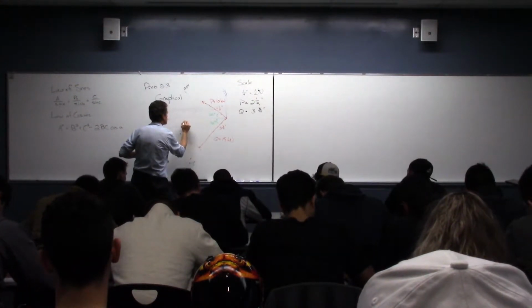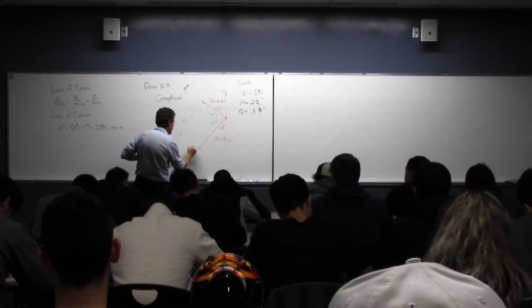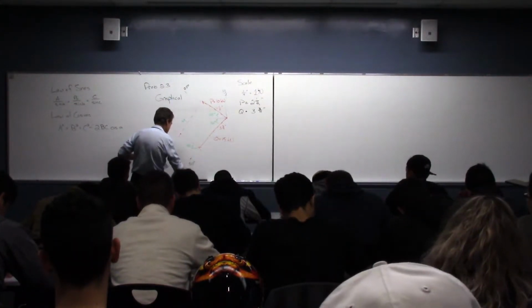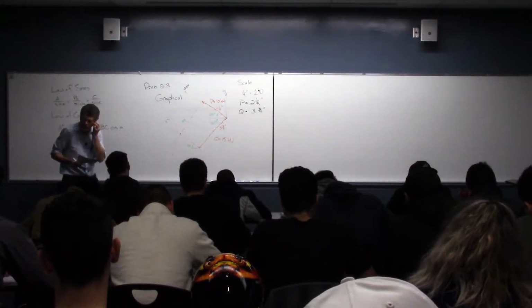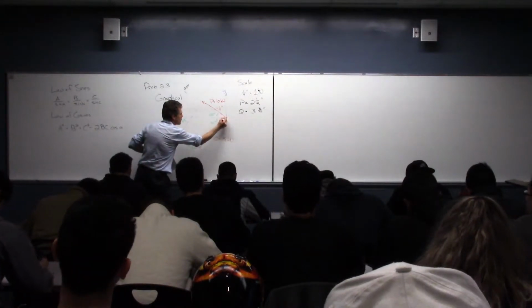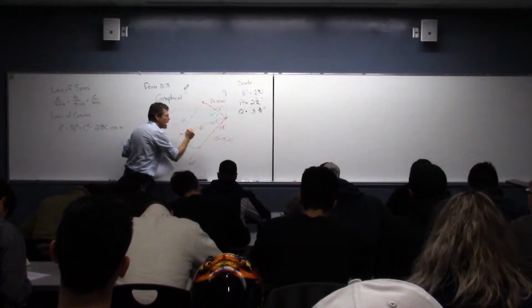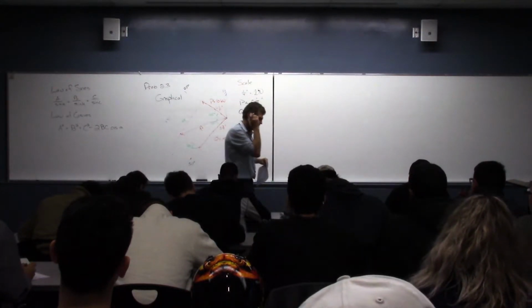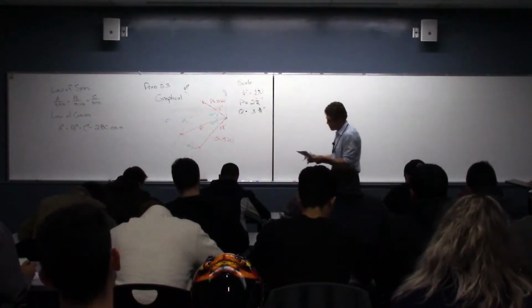So same thing here. This is 50 degrees. And via the parallelogram law, notice that it looks like a parallelogram. What we're saying then is that our resultant will be that. If you actually had your rulers, you would measure that.